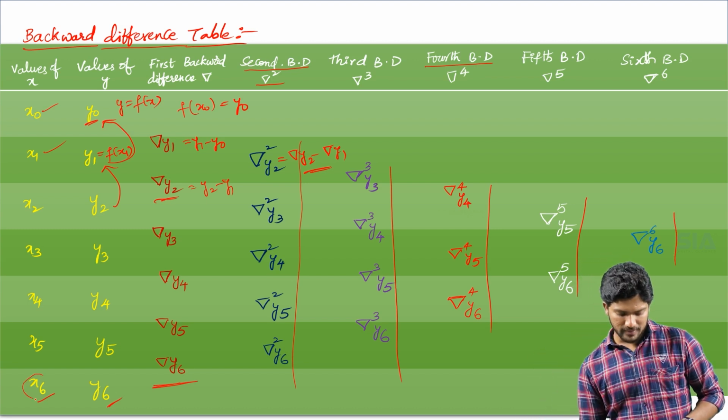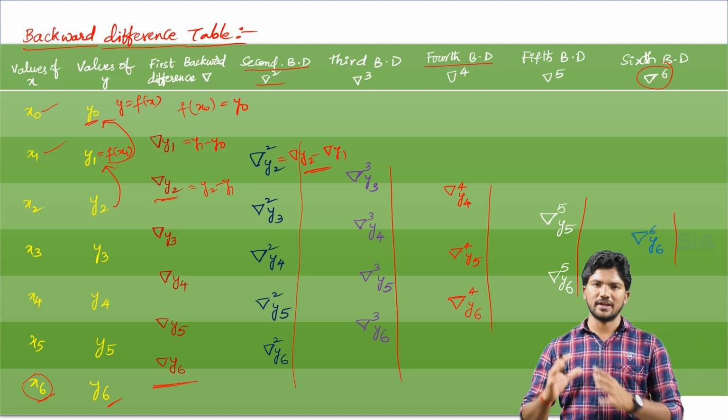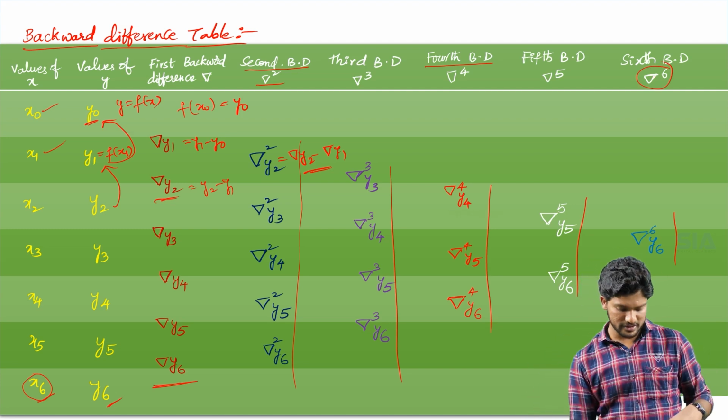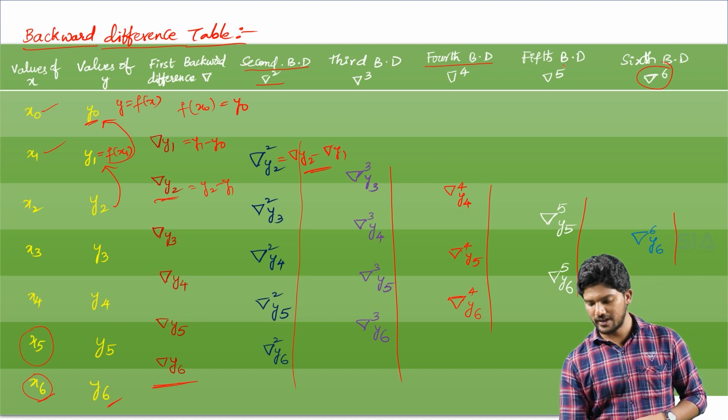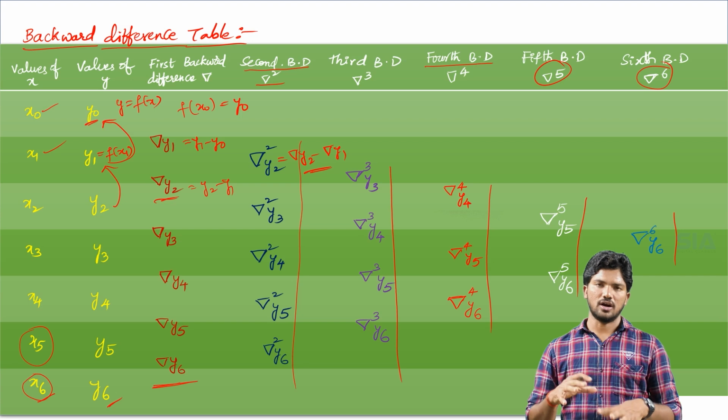Whenever you take the x values up to x suffix 6, you will get del power 6 as the last value. If you take x suffix 5 as the last value, you will get del power 5 as the last backward difference operator.